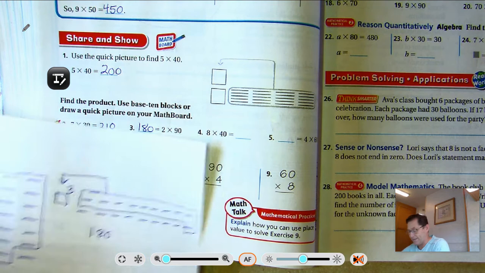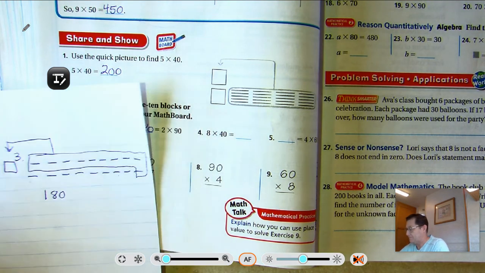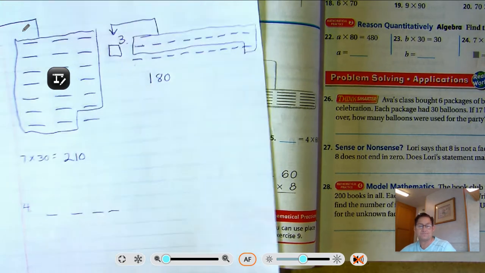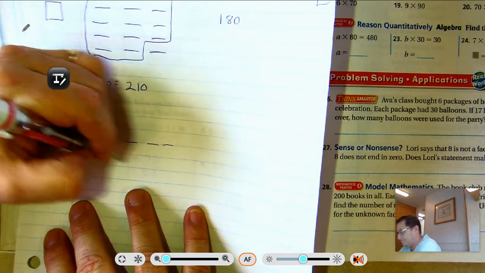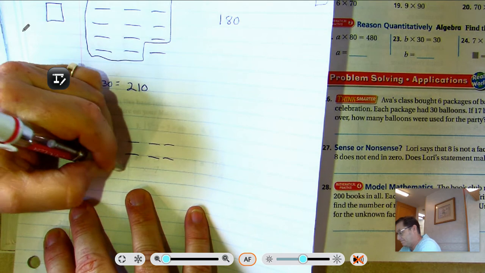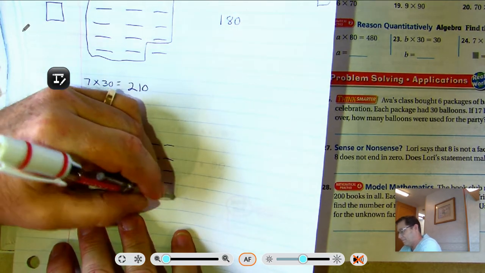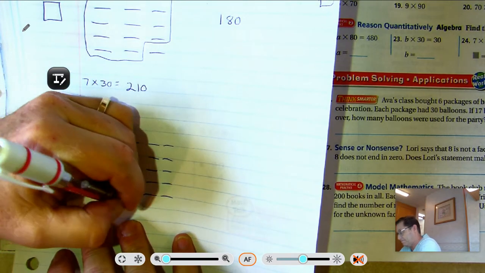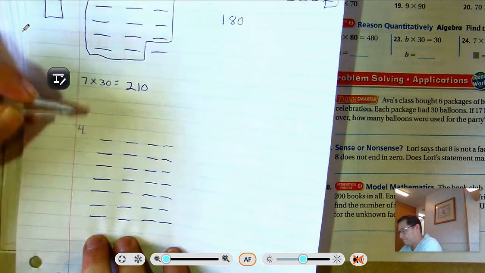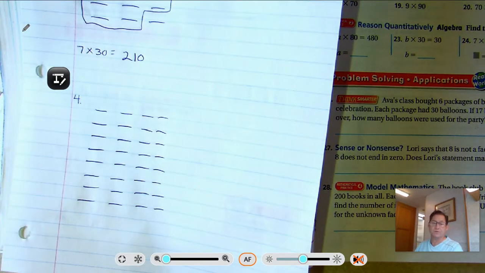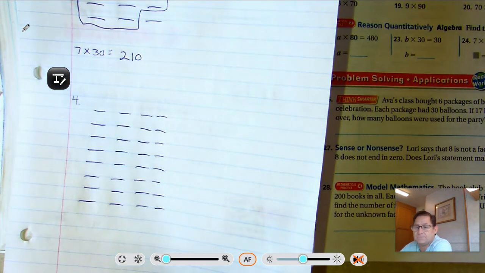8 times 40. All right, so we have 40 8 times. So we've modeled 8 times 40.